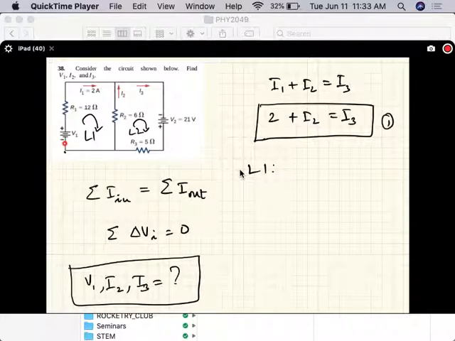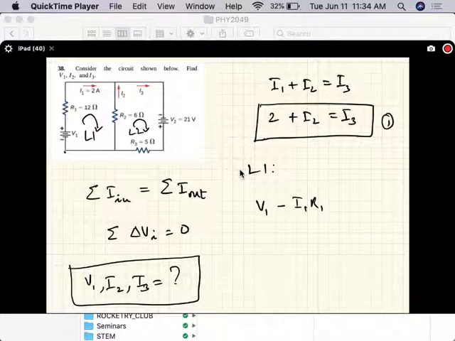So I'm going from low to high voltage, so the first term is V1. The second term, I'm going with the current, and R1 is 12 ohms. With the current, you have current flowing from high to low voltage, so minus I1 R1.